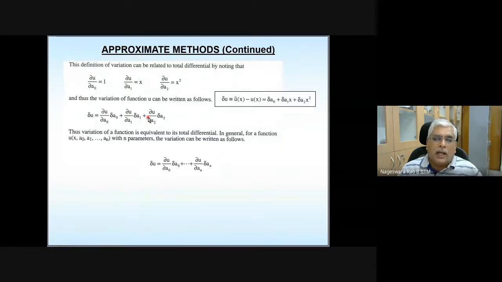Okay? And when I say u here, u is a function. U can be anything. If it is related to structural systems, it can be potential energy. Any questions here?